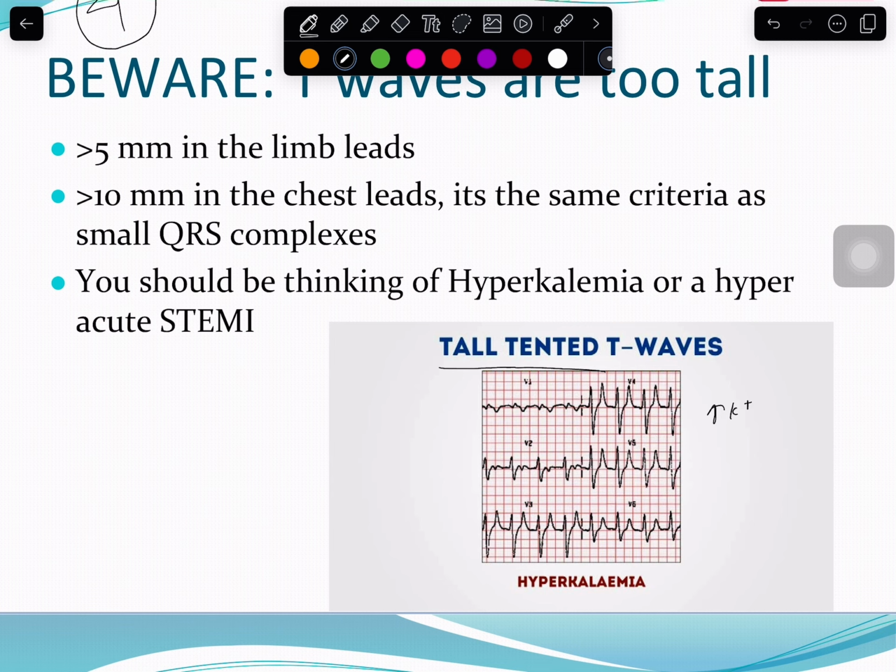And in ECG, whenever we see tented or tall T waves with broad QRS and flat P waves, we have to think about hyperkalemia. So the first management should be to start 10% calcium gluconate 10 ml through a large peripheral vein, followed by normal saline flush. Then repeat after 5 to 10 minutes until ECG normalizes.